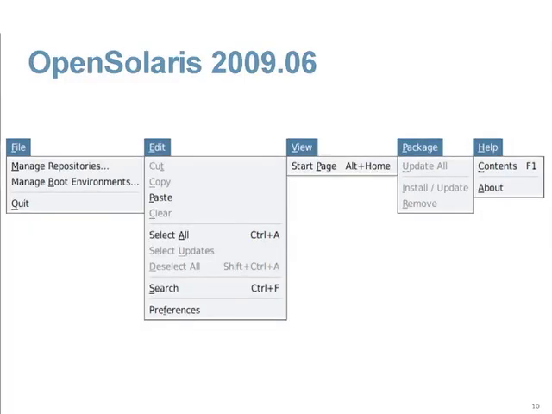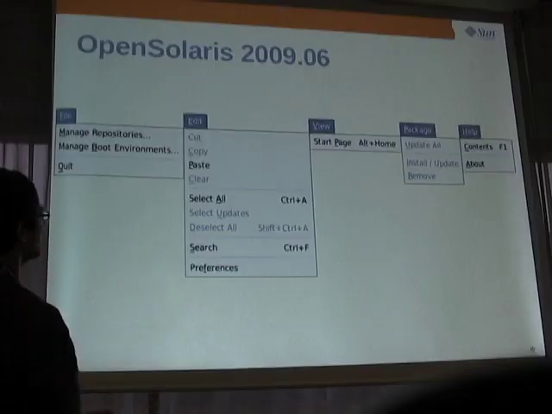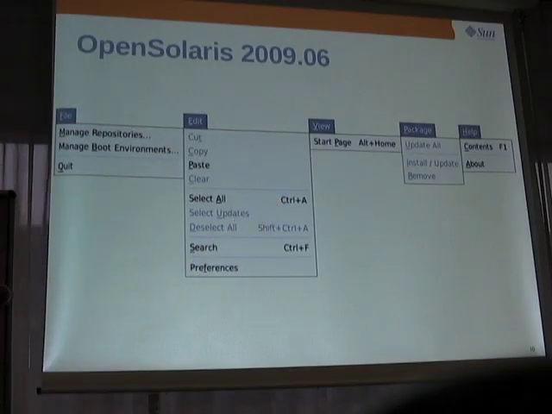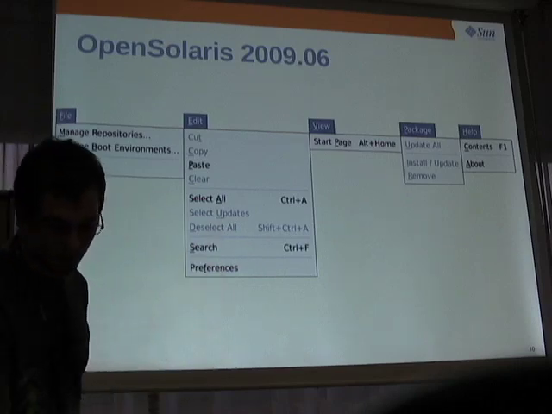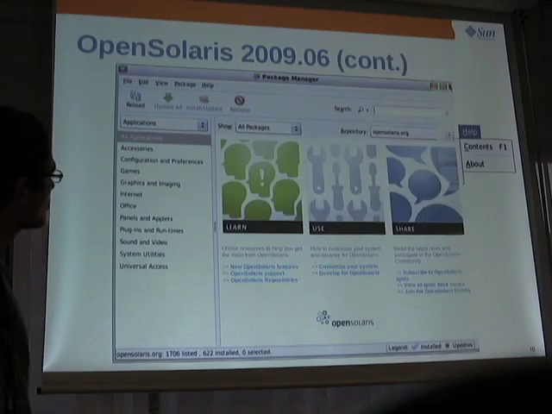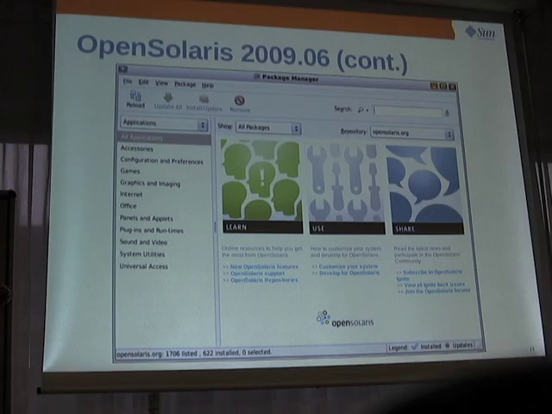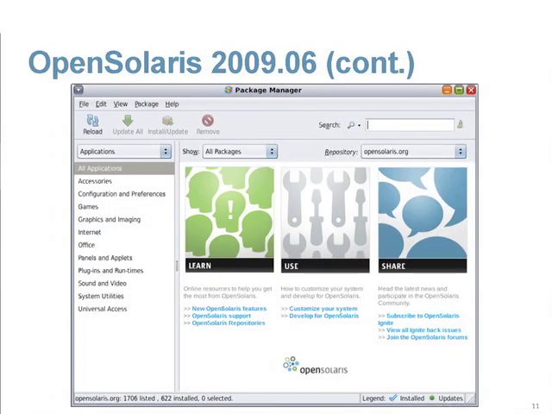Okay, so in the last release of OpenSolaris, we can see that some things were moved from the View menu. Users simply didn't know that the repositories can be managed from there, so that's why they are under File now. We now have a very nice start page, and why is it nice? Because it's connected to the community. So basically we can talk with the community through the package manager.